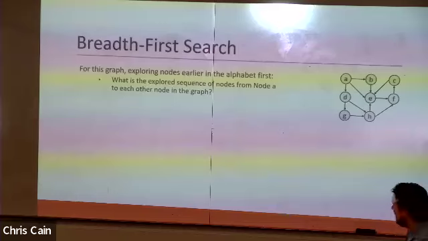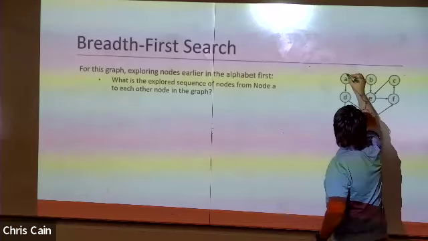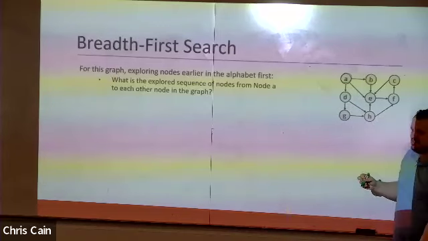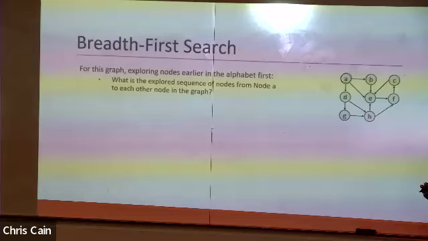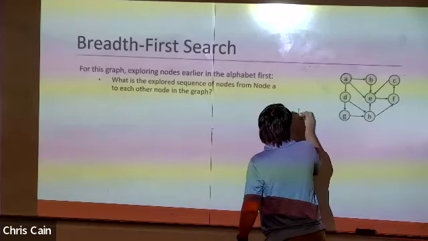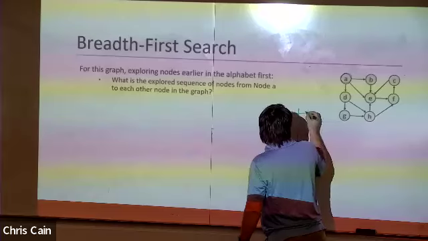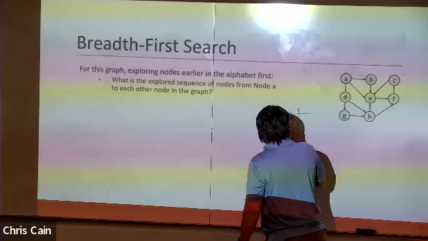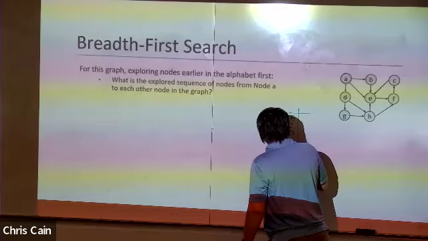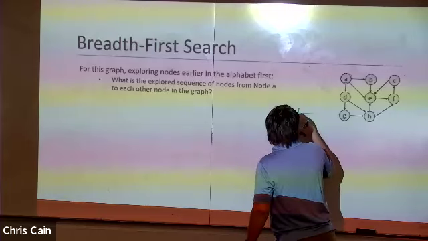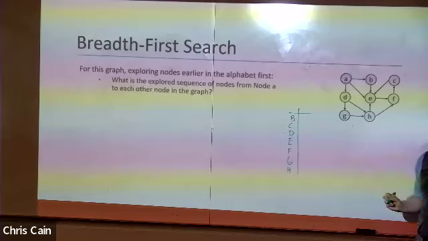And we're going to say, okay, for each neighbor of A, are you the target vertex? If you're not the target vertex, then we're going to add you to the queue. So if the goal is to map from A to every other node, we want to get to B, C, D, E, F, G, and H. And this is going to be the path that we take, the sequence of nodes that we take to get there.